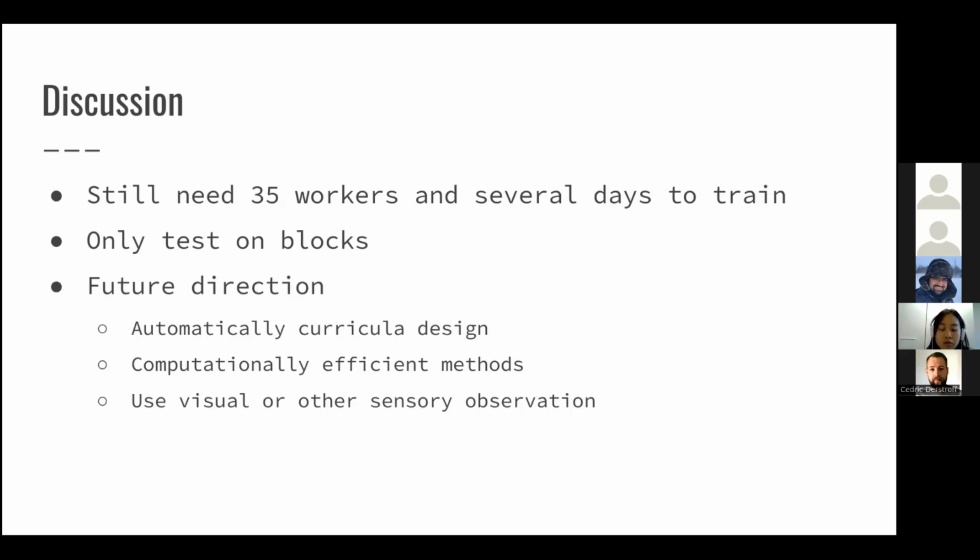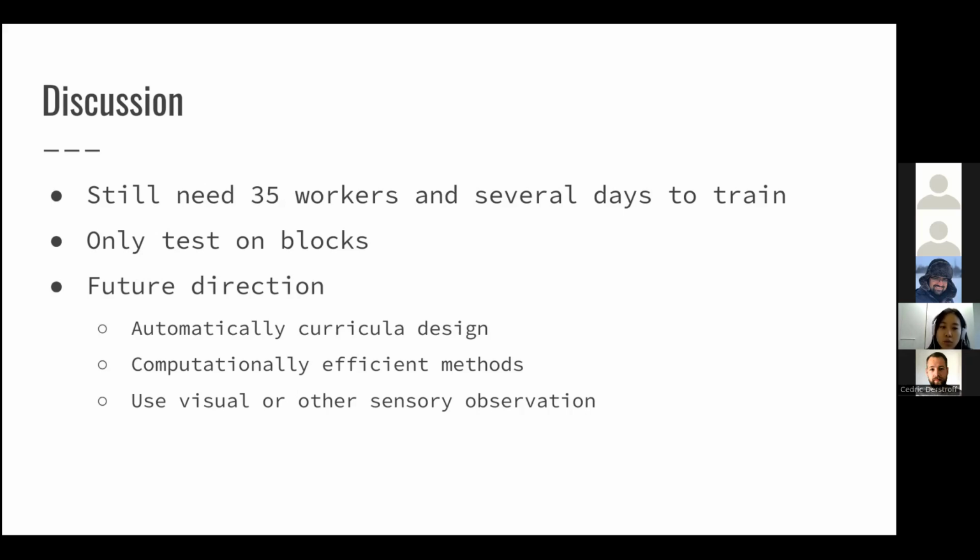And also for the future direction, first, in this paper, with the curriculum learning, the curriculum tries to increase the number of objects or blocks which you need to stack. So they will try to find some automatic curriculum design.